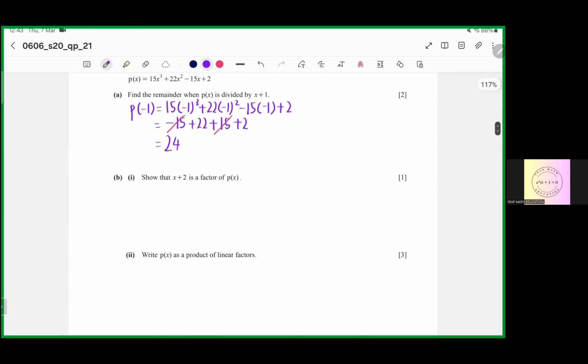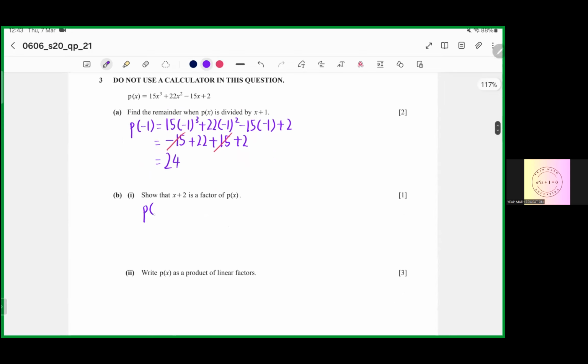Now we look at part B part 1. Show that x plus 2 is a factor of p(x). So we just put negative 2 inside here.